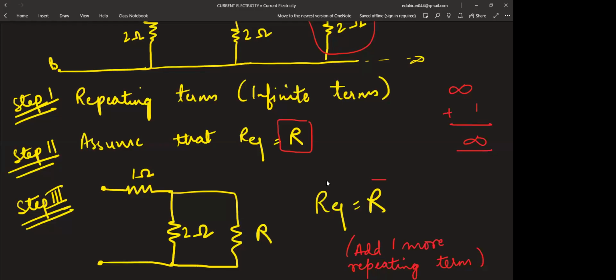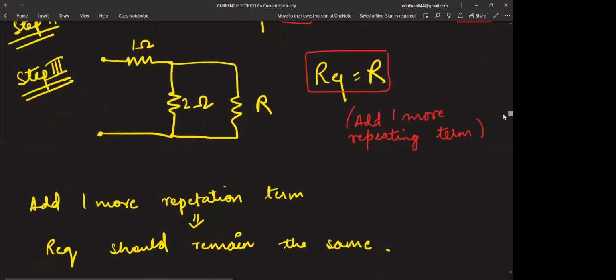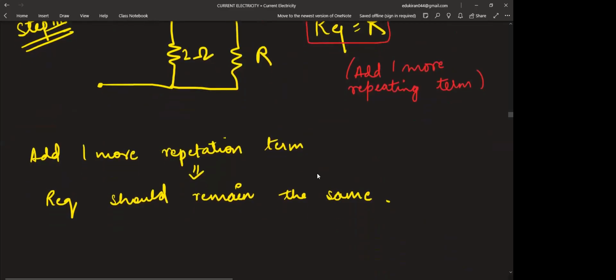My R equivalent will still remain R. Do you agree with this? Yes, ma'am. Okay. So add one more repeating term, R equivalent should remain the same.